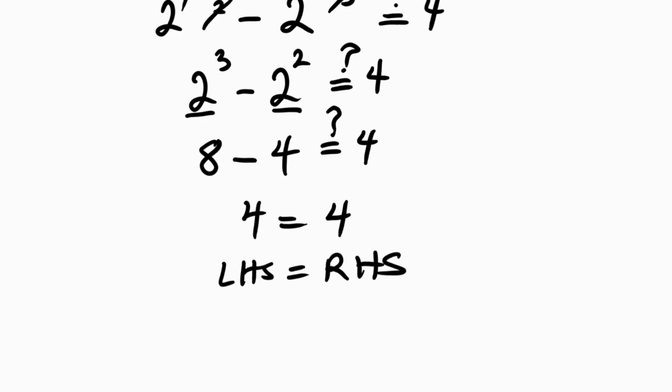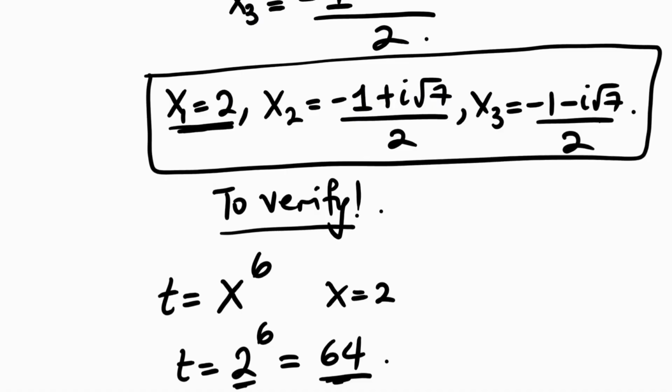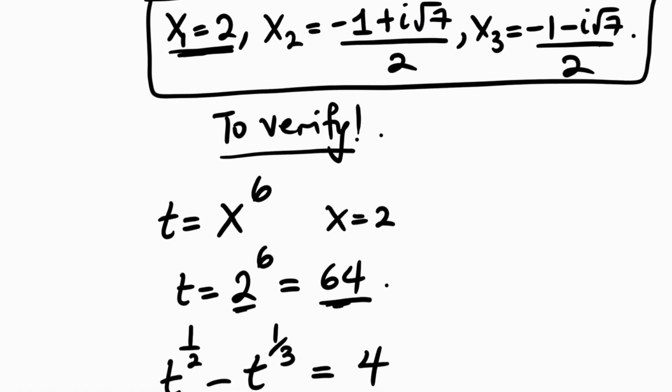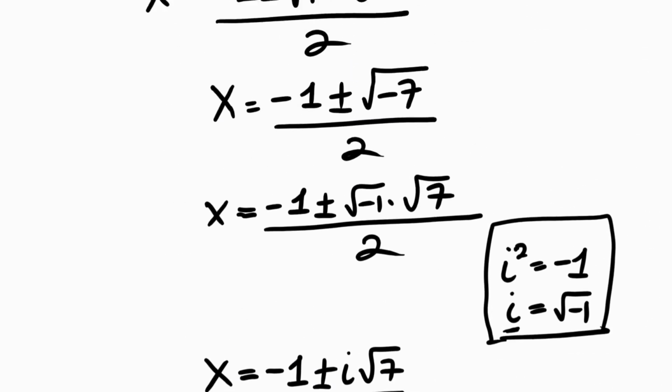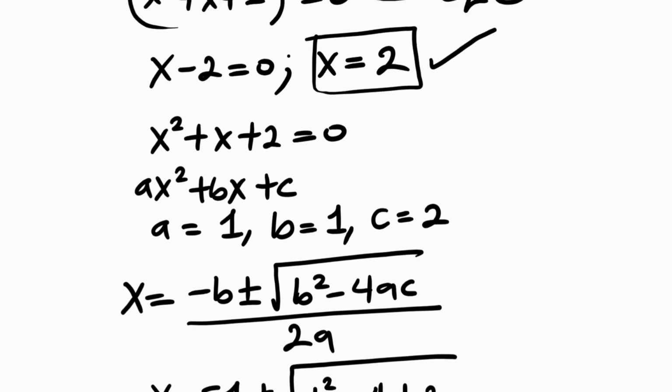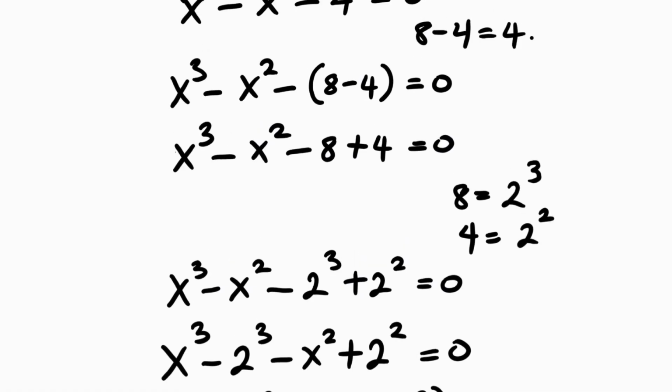So our value of x, which is 2, and the value of t, which is 64, are correct. Okay, so go through the steps if you're confused in any way, and see how this was solved.